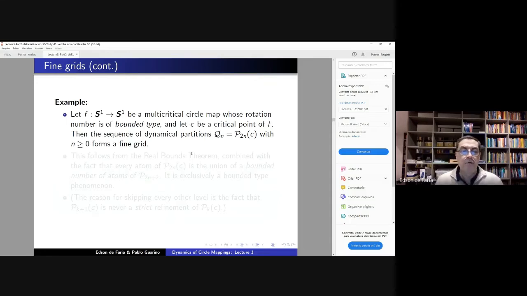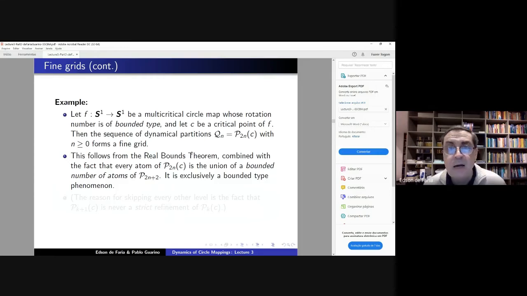So they're not strict refinements of one another, but if you skip levels, if you go from P_n to P_{n+2}, then P_{n+2} is a strict refinement of P_n, okay? So let's look at the P_n's with n even. So you look at P_{2n}, and you call this Q sub n, and I claim that the sequence Q sub n is a fine grid in the case that we are considering where the rotation number is of bounded type.